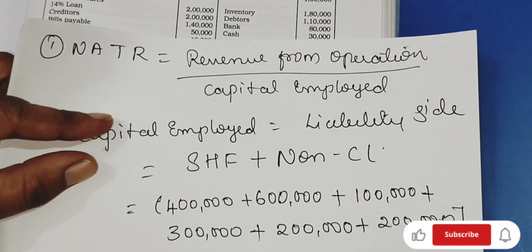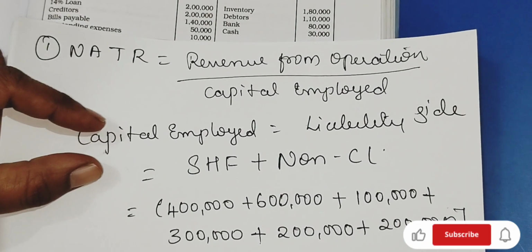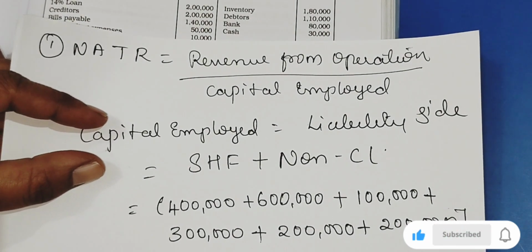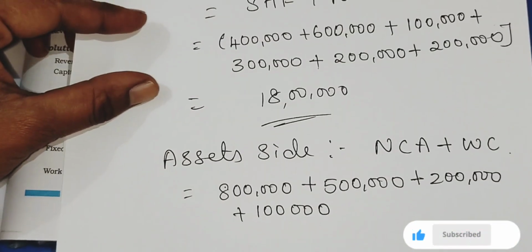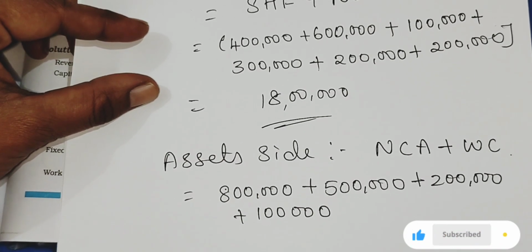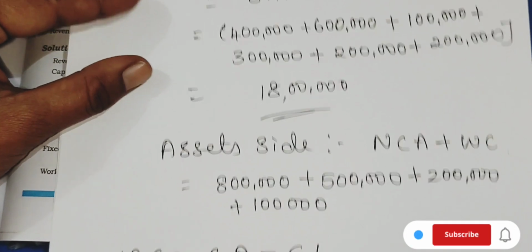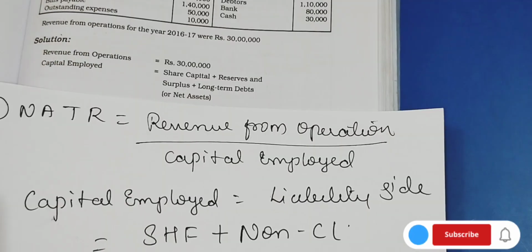Inventory, debtors, bank, cash we are taking under current assets. Working capital, how are we calculating it? Current assets minus current liabilities. What is our total current asset?